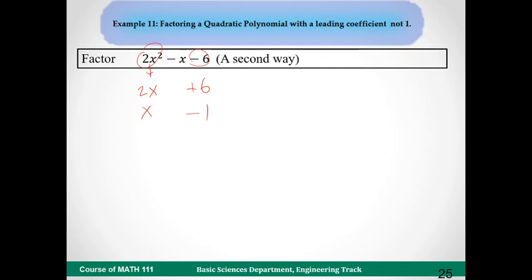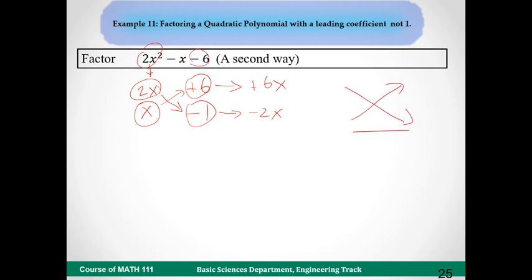Then we multiply these two and get negative 2x, and these give plus 6x. You have to do it always like that. This is important. Now you add them, they make plus 4x.